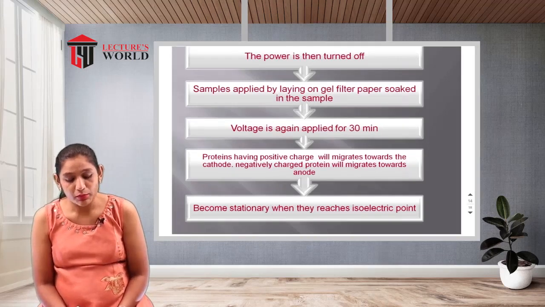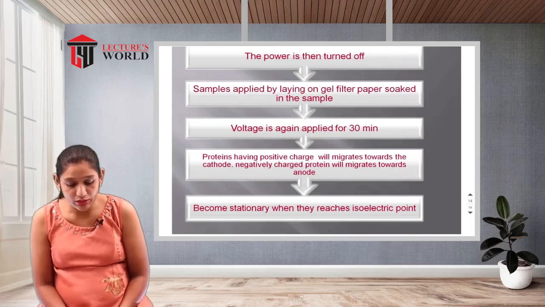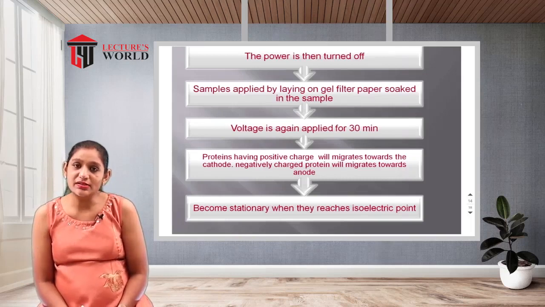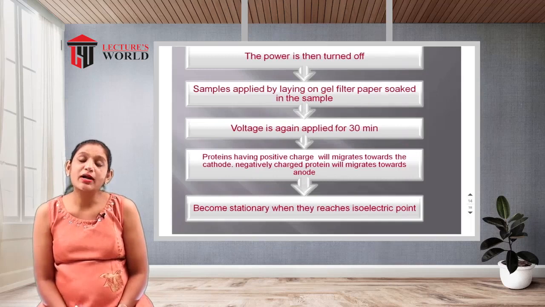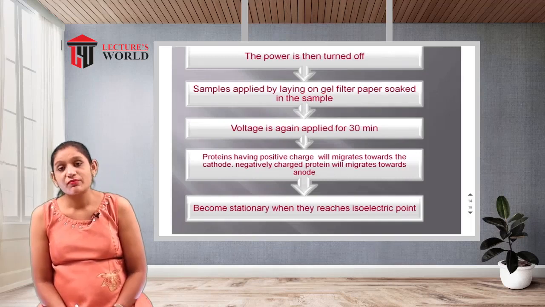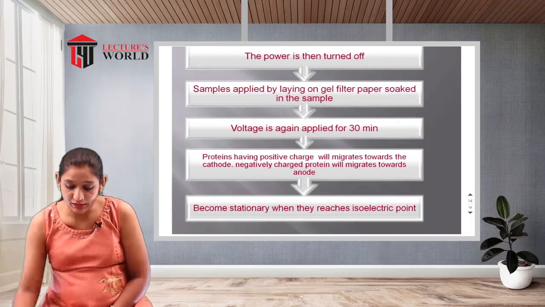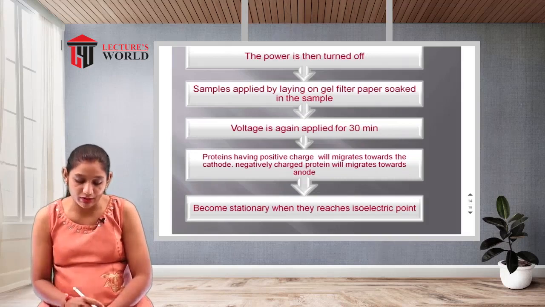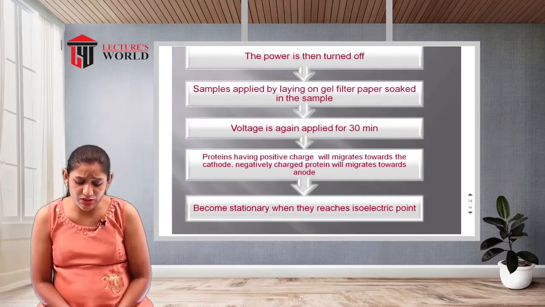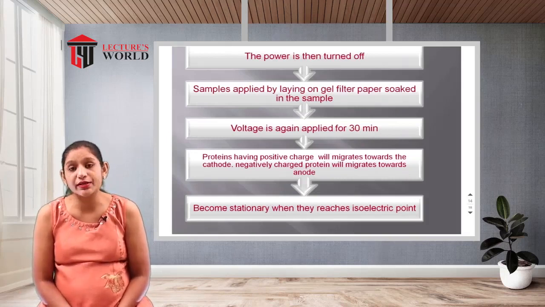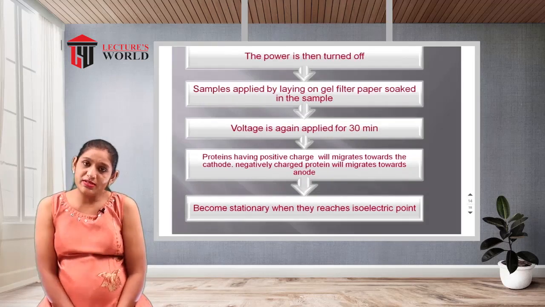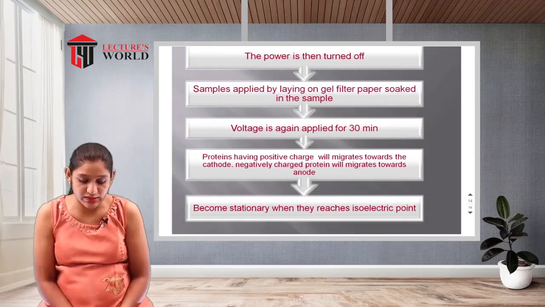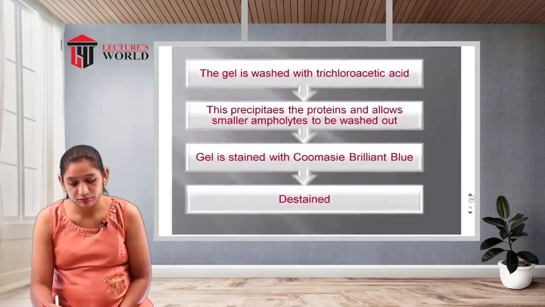Proteins with a positive charge will migrate to the cathode, and negatively charged proteins will migrate towards the anode, becoming stationary when they reach their isoelectric point. The isoelectric point is the point at which the protein has no net charge.